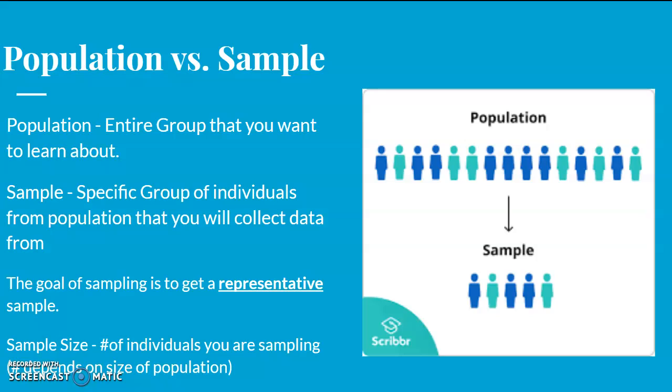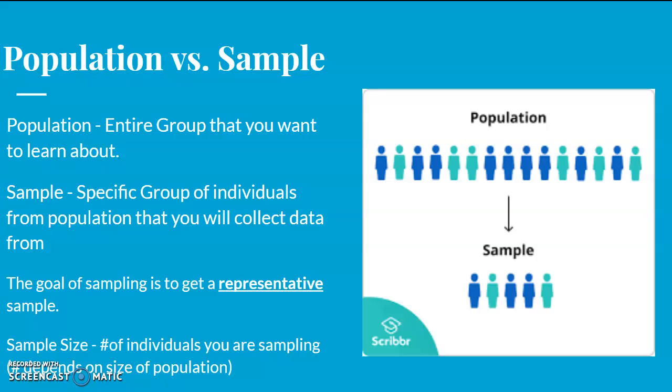A sample is a specific group of individuals from a population that you will collect data from. And the goal of sampling is to get a representative sample. You want to get representation of the population, and that's where proportions come in. It's very proportional when you're trying to get a representative sample of your population. And the last thing on this page is sample size.